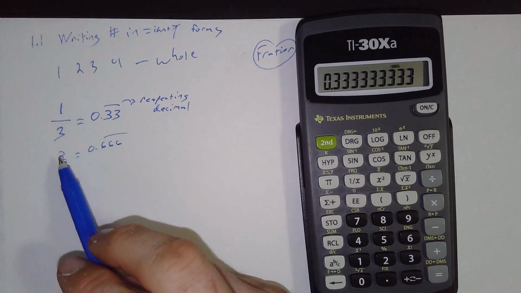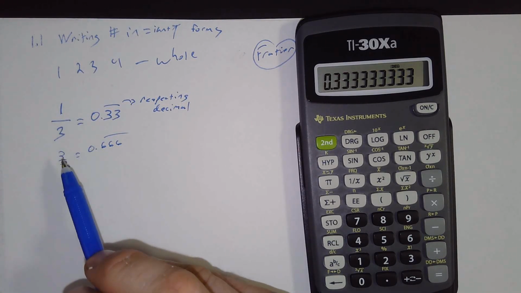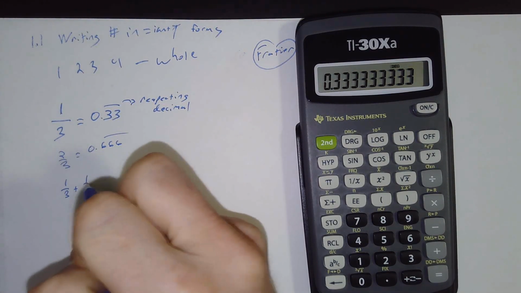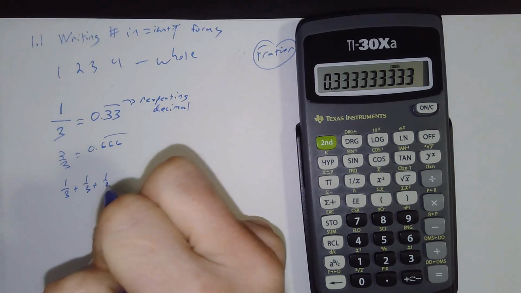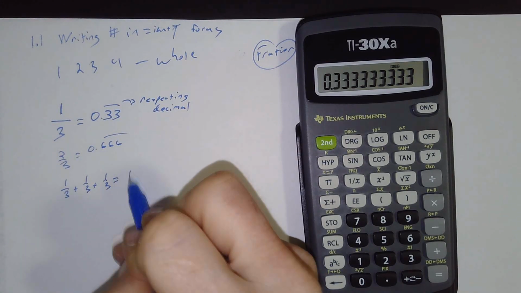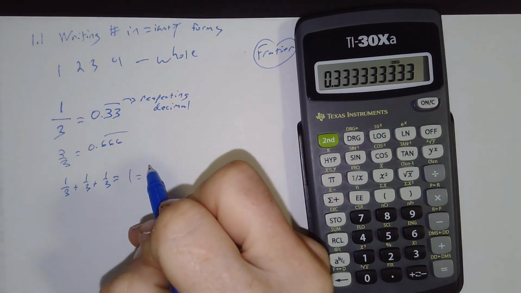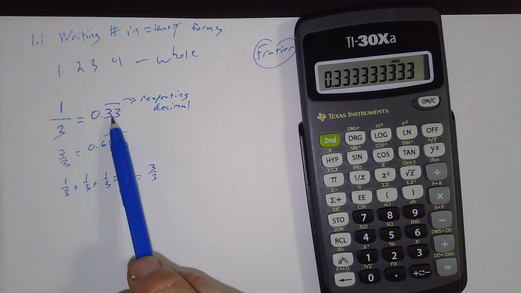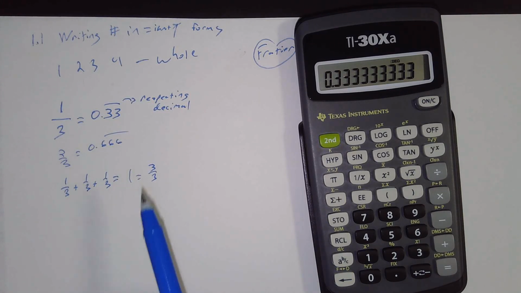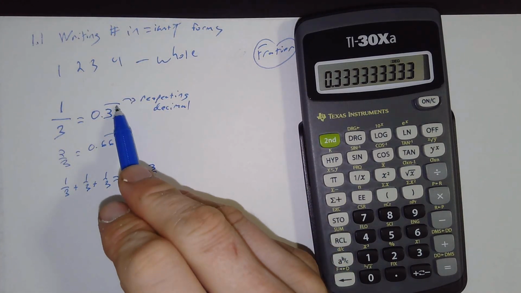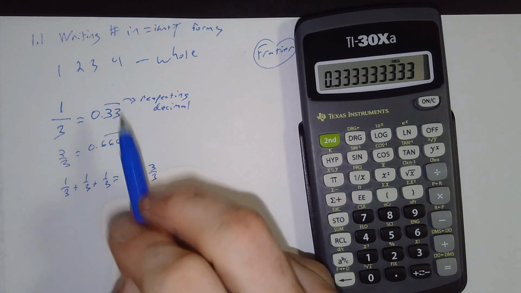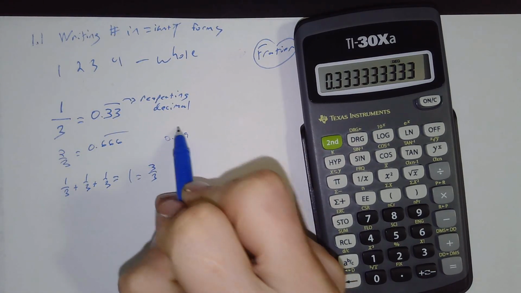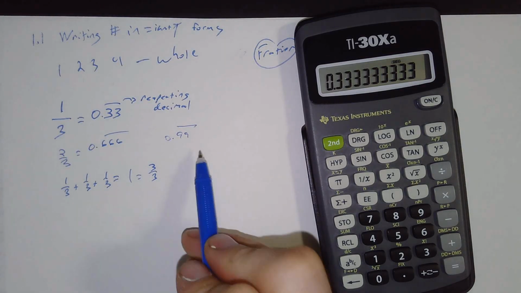And this is where the fraction is actually better to show on paper, because 1/3 plus 1/3 plus 1/3 equals 3/3, which is 1. But if you show 0.333 plus 0.333 plus 0.333, you kind of lose the optics, because it looks like it equals 0.99 repeating forever, when it actually equals 1.